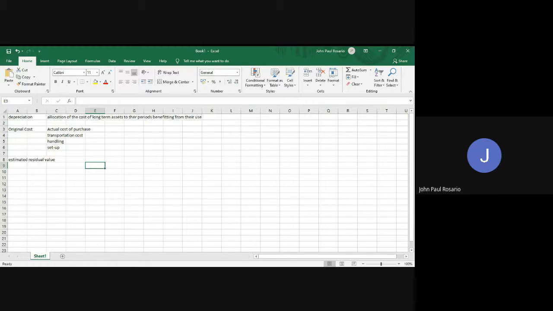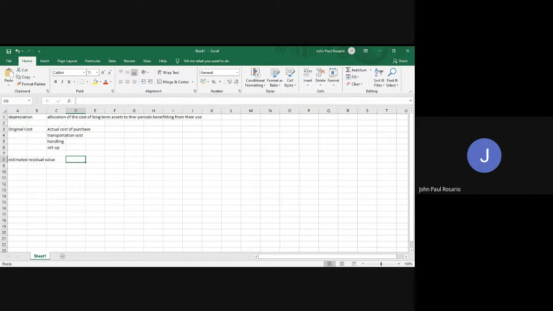So that is the value of your asset at the end of its life. Sometimes it's zero, sometimes you can sell it for scrap. It doesn't mean that this is the actual amount that you will be receiving once you retire the asset, it is just an estimate.